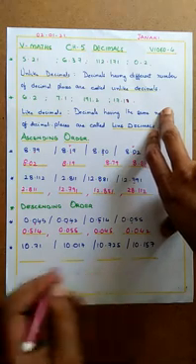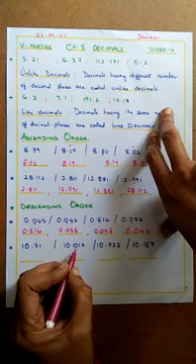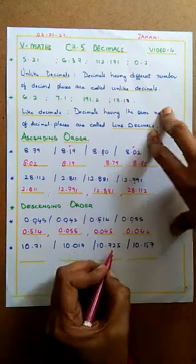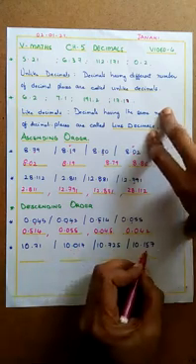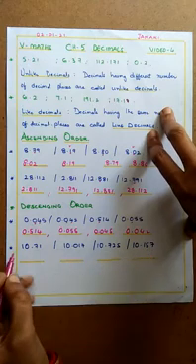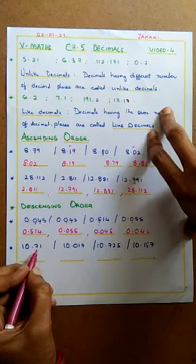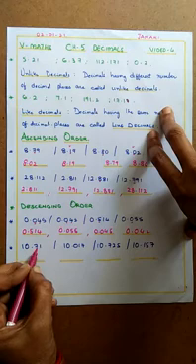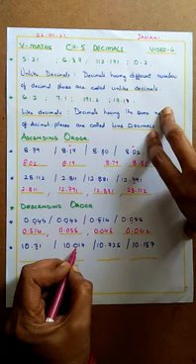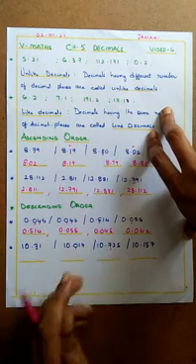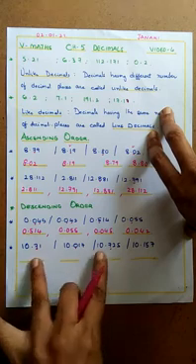Let us move on to the next one. 10.71, 10.017, 10.725, 10.157. Now 10 is the whole number part, that is common everywhere. Now let us see the 10th place. You have 7, 0, 7, 1. So these two have 7.